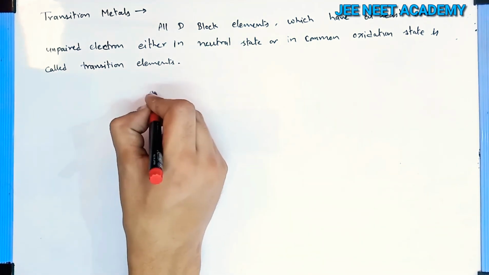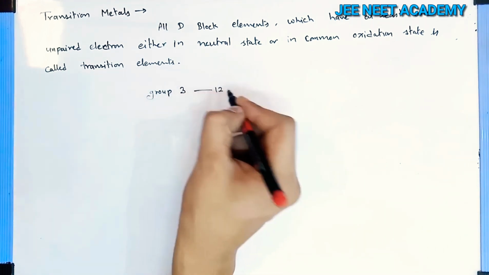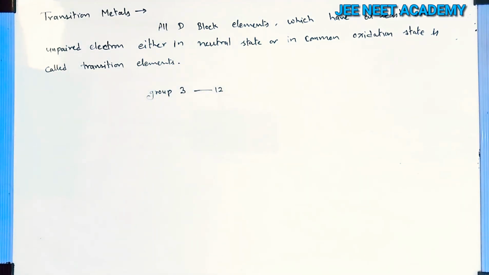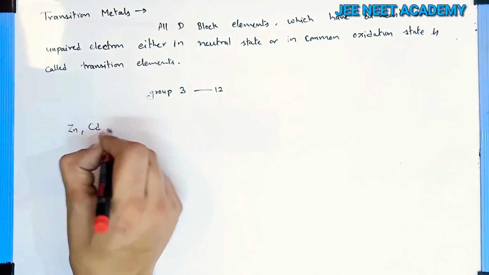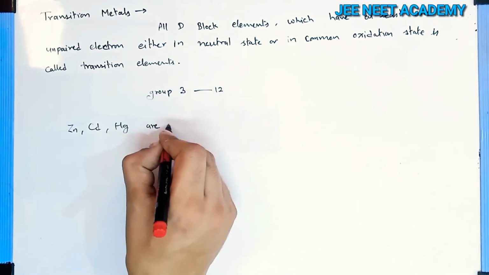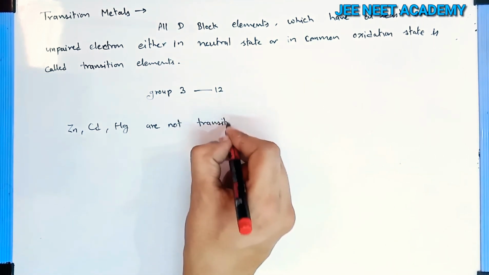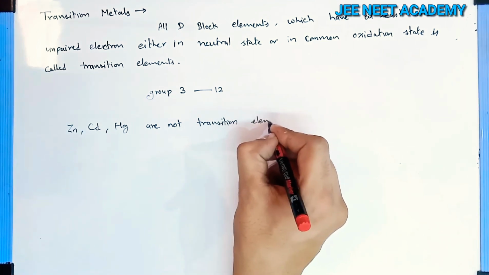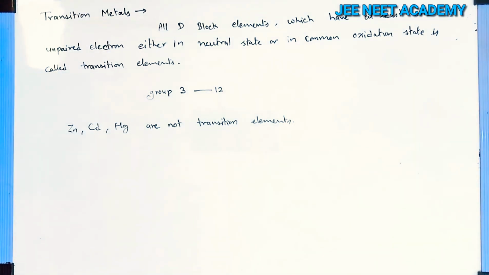Transition elements are from group 3 to group 12, and zinc, cadmium, mercury are not transition elements, because they do not have any unpaired electron, either in neutral or common oxidation state.